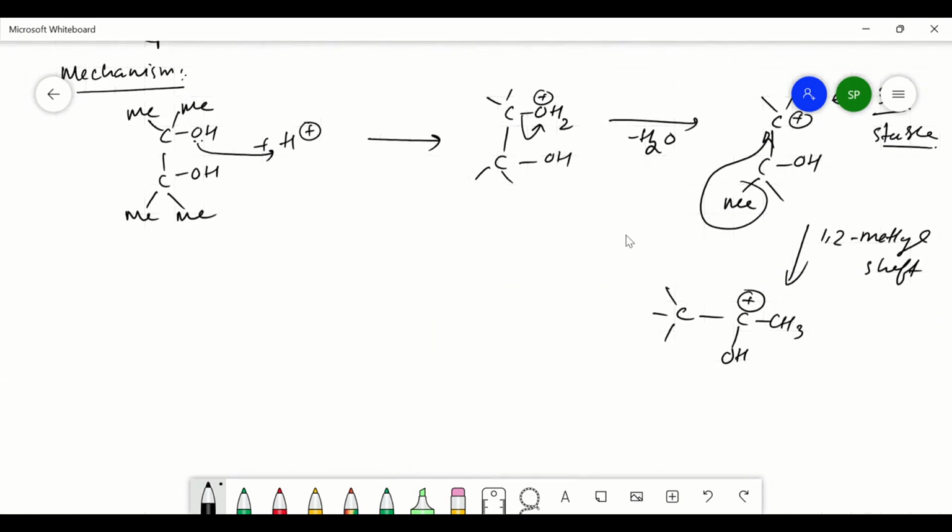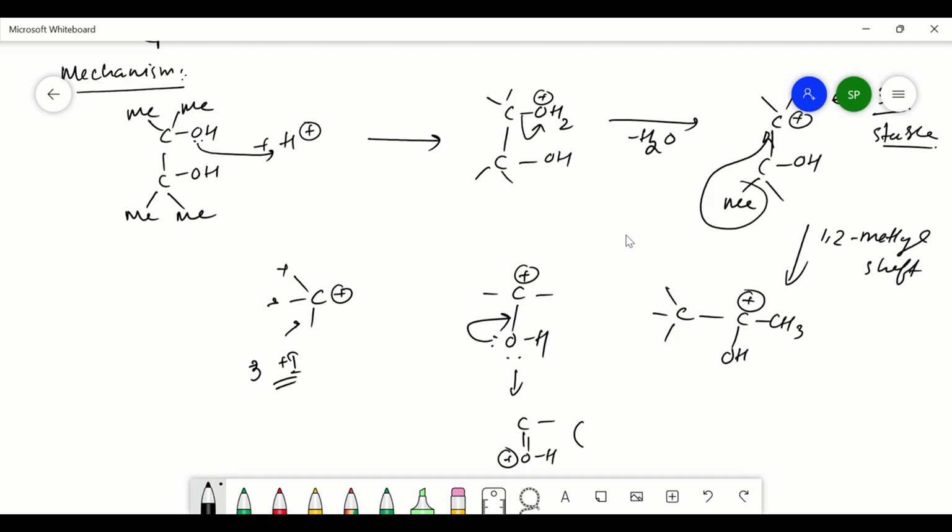Please consider this tertiary carbocation. This is stabilized by 3 plus I, or 3 electron donating groups. But here, let us ignore all these groups and consider this OH. This OH has 2 lone pairs which can donate electrons, and now this can be resonance stabilized as a double bond, OH plus.